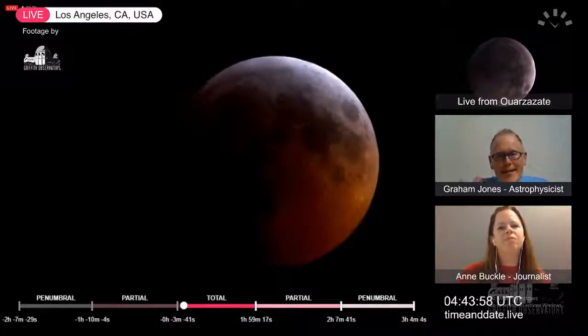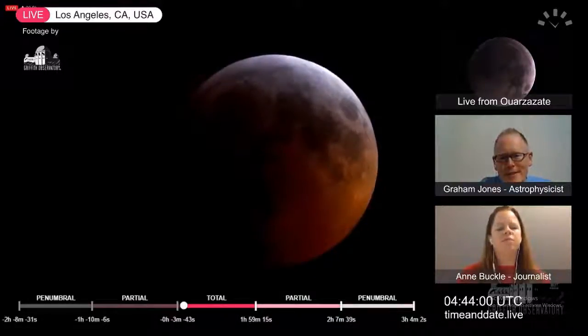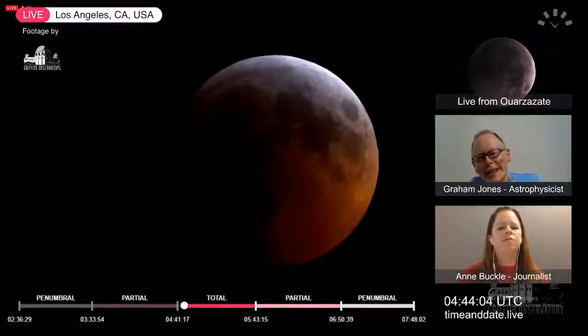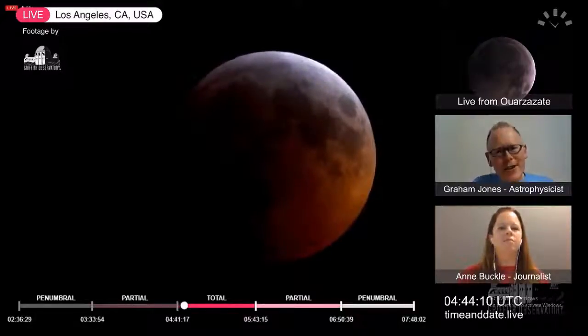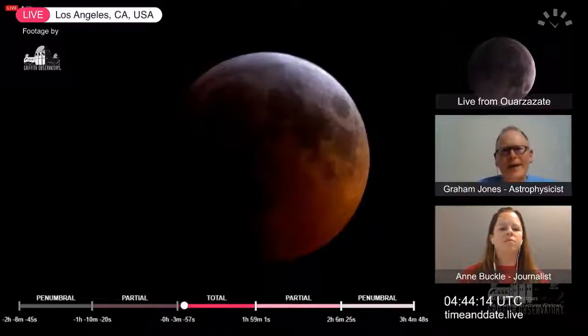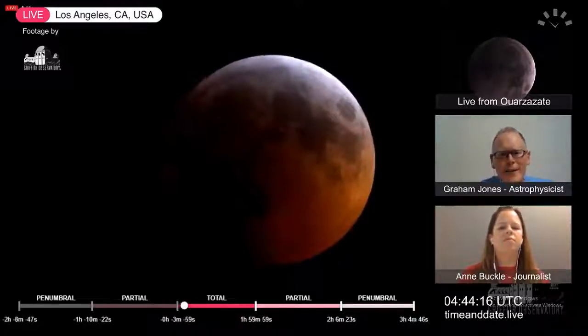That's right. So as the moon moves deeper into the umbra, as it moves deeper into the dark part of the Earth's shadow, we will see this reddish color change, and it should become a deeper red.